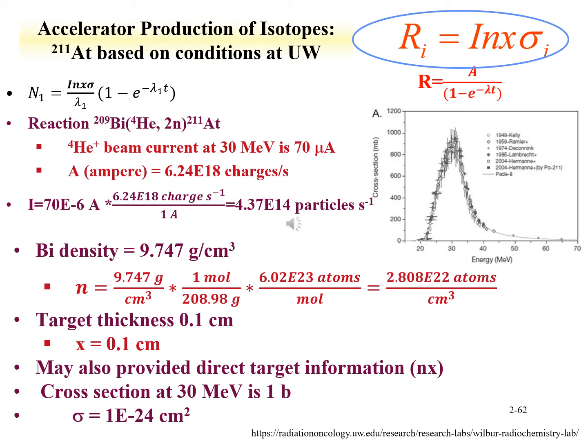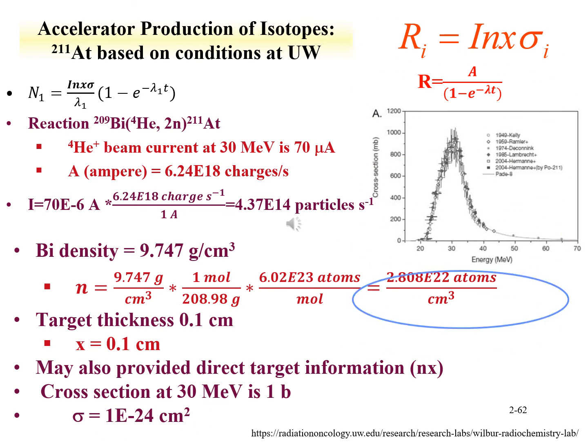And then target information, which includes the atom density, atoms per centimeter cubed, times the target thickness, in centimeters, to get atoms per centimeter squared. And then we get the cross-section, which is shown here from experimental data. The cross-section for this reaction is about 1,000 millibarns, so that's 1 barn. We'll use that as the cross-section. And remember, that's 10 to the minus 24 centimeters squared per barn.